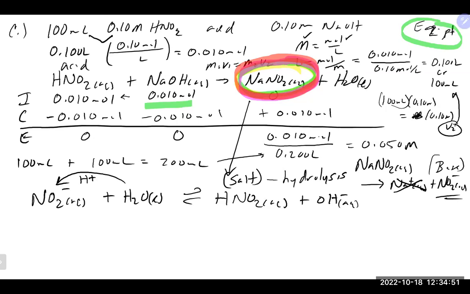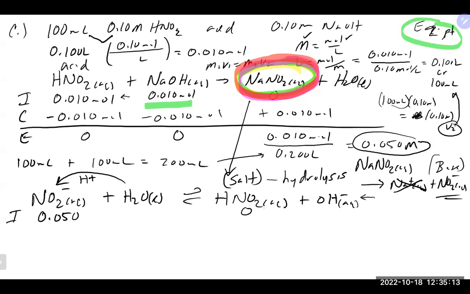which means we will expect this pH to be acidic, basic, or neutral. Should be basic because we are producing hydroxide here. So once again here, we're going to use our equilibrium value from the first table for our initial value of the second table. So that's going to be 0.05.